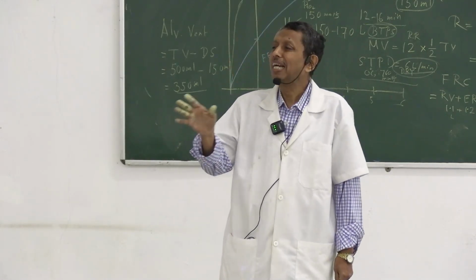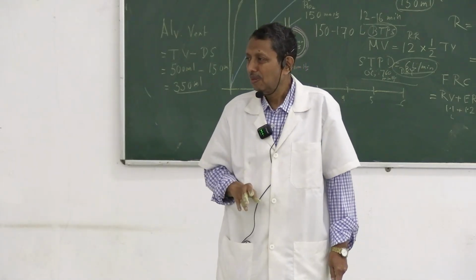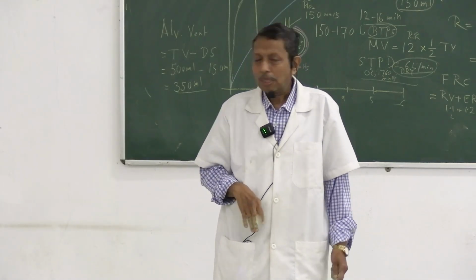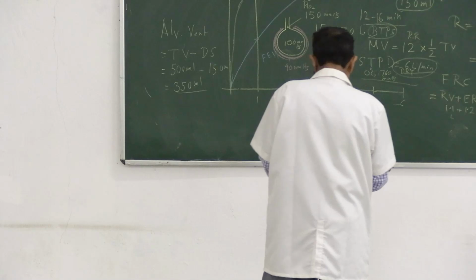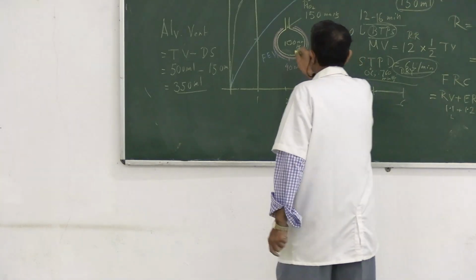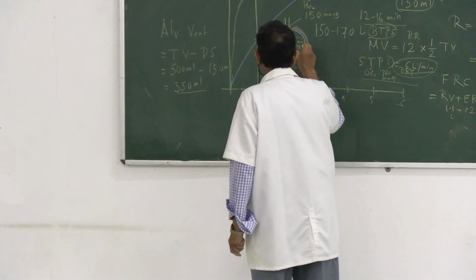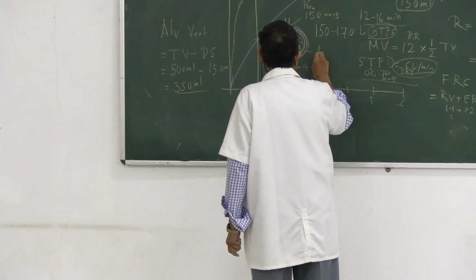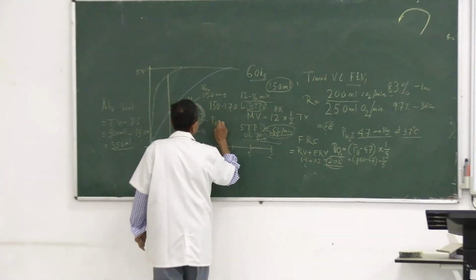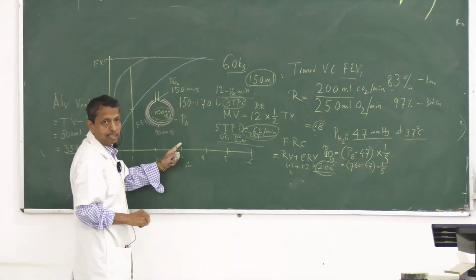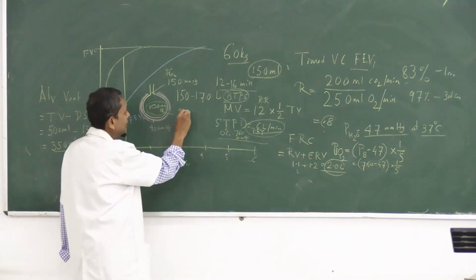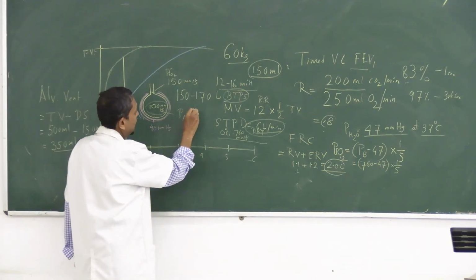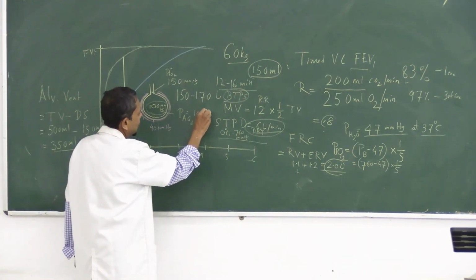And every good textbook gives these values. Suppose within the alveoli, you will find this air within the alveolus, capital PA, A means alveolar. It is a standard practice. PAO2 is 100 millimeter of mercury.